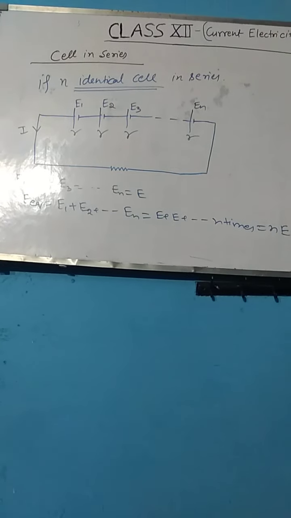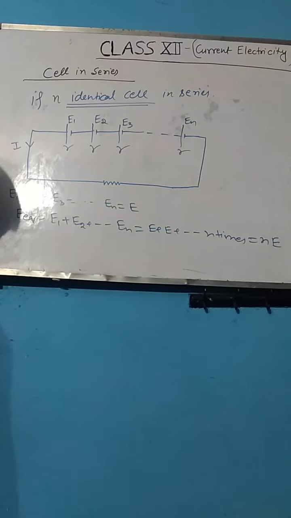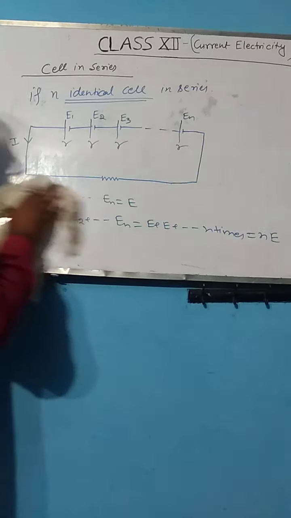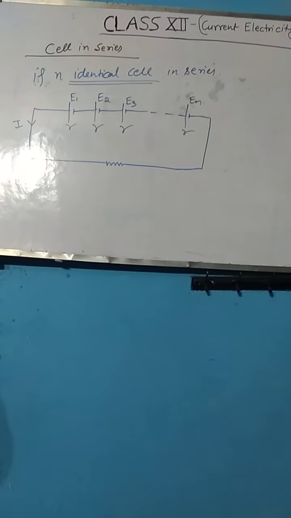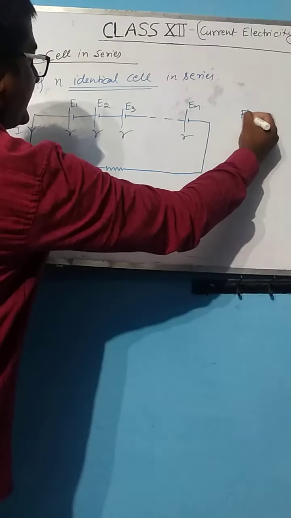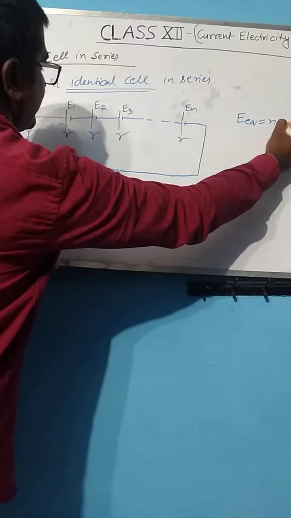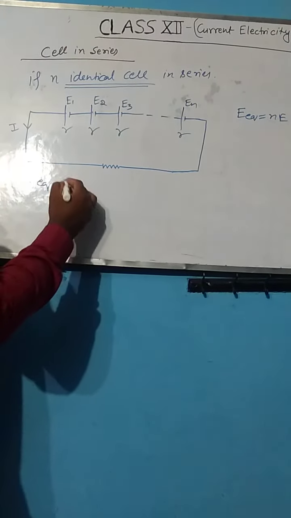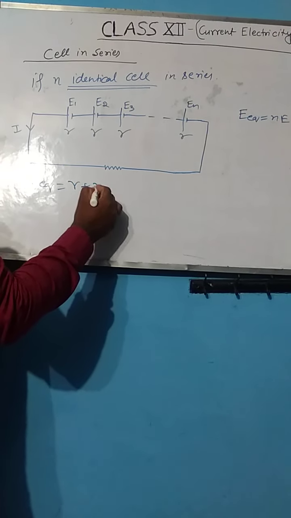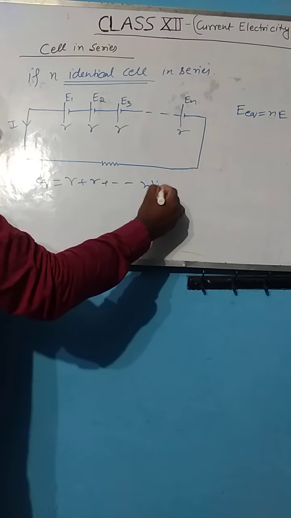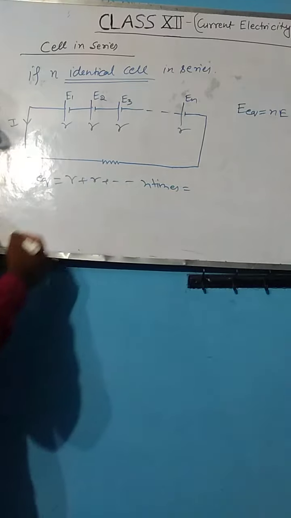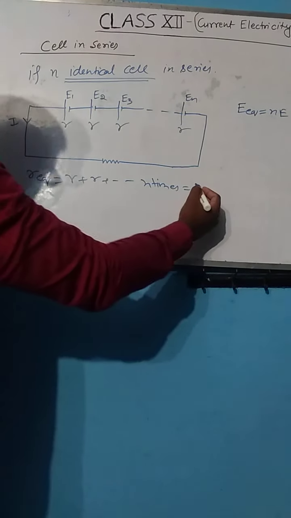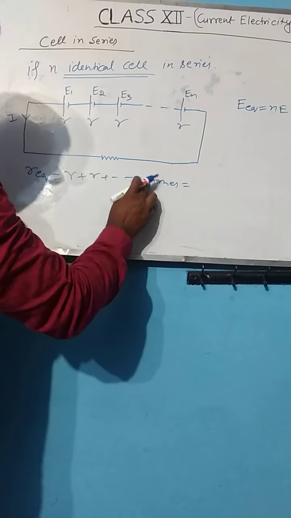Similarly, we have to add the R equivalent. For the identical cells in series, the R equivalent will be R plus n times r, so it becomes R plus nr.